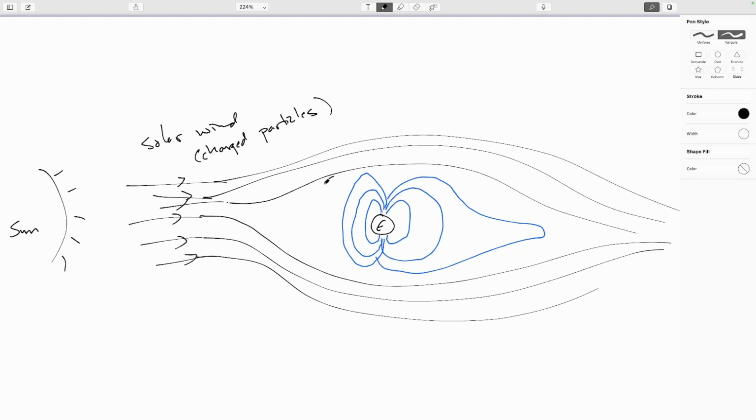So you'll get an area right here where the particles deflect around. That's known as the bow shock. Just like you see the shock wave coming off the bow of a boat. And then this point back here where everything reconnects is called the reconnection point.